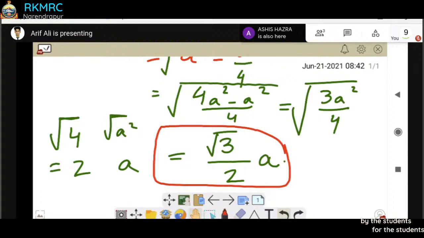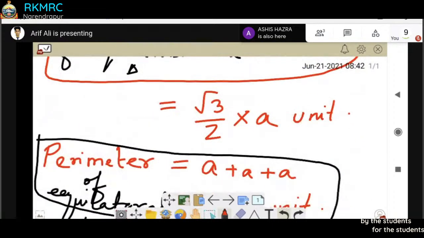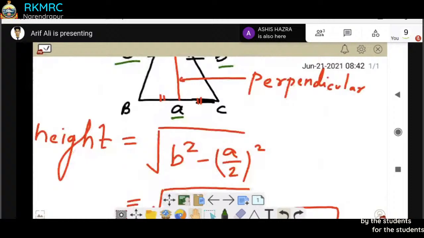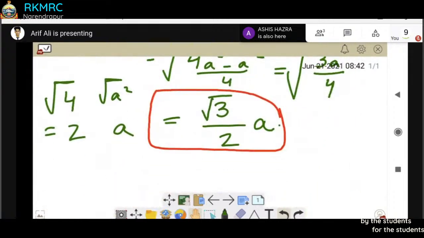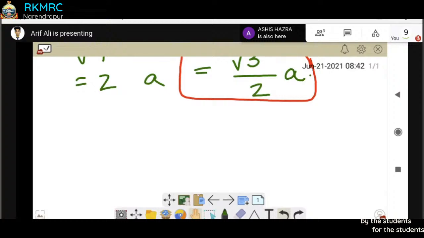See over here again, this is the same thing, root under 3 by 2 into a, and over here it's the same, root under 3 by 2. So isosceles height is done.